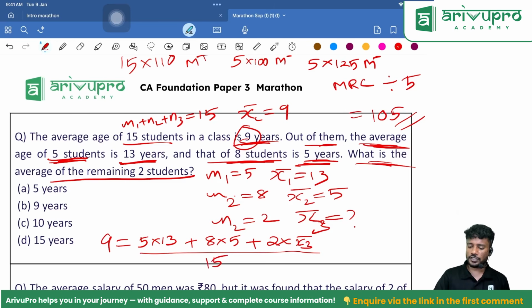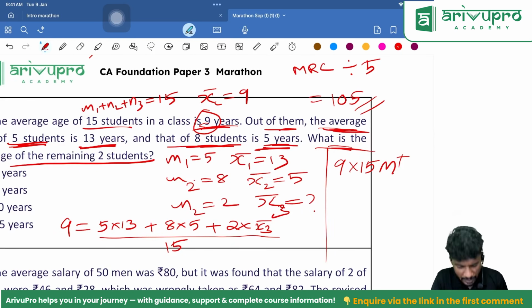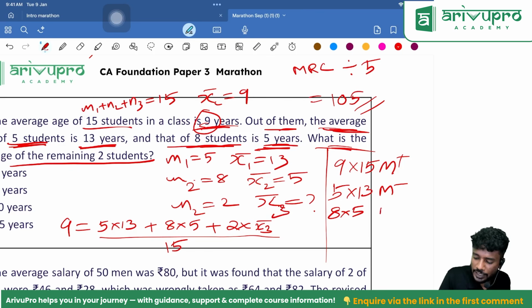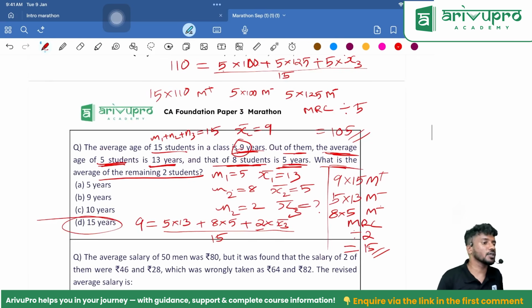Just use the calculator. 9 into 15, M plus. 5 into 13, M minus. Why M minus? It is going to the left hand side. Then 8 into 5, M minus. Finally, you will click MRC and divide by the coefficient of X3 bar, that is 2. How much is the answer? 15. Option D is your answer.